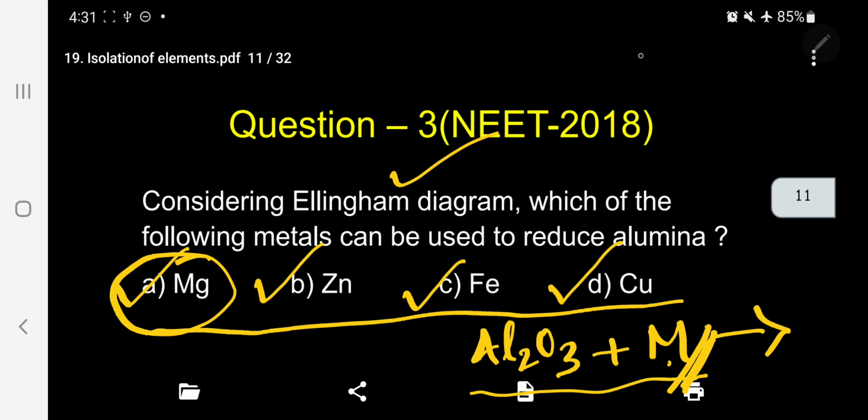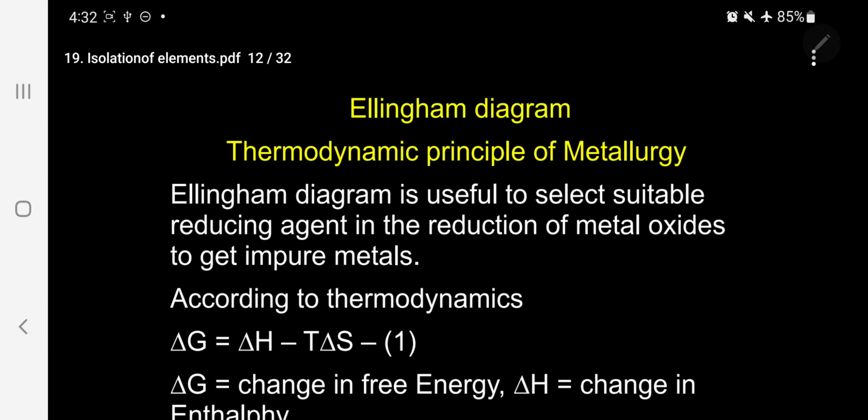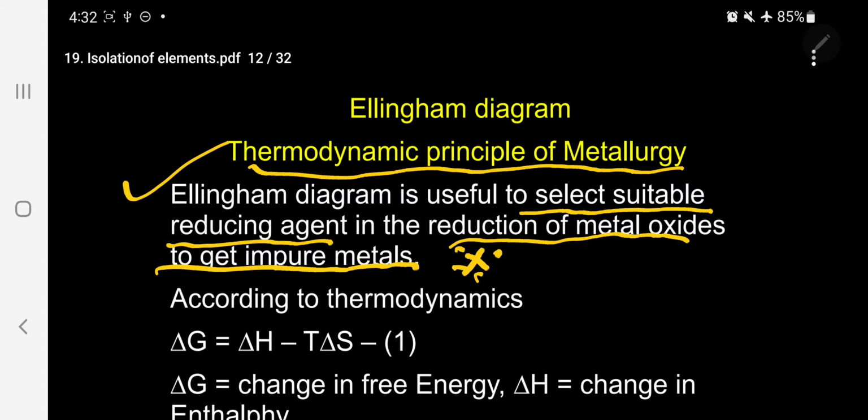Kindly follow. Let me go into what the Ellingham diagram is. Thermodynamic principle of metallurgy. The Ellingham diagram is useful to select a suitable reducing agent in the reduction of metal oxide to get impure metal. According to thermodynamics, ΔG equals ΔH minus TΔS. ΔG is free energy change, ΔH enthalpy change, ΔS entropy change.